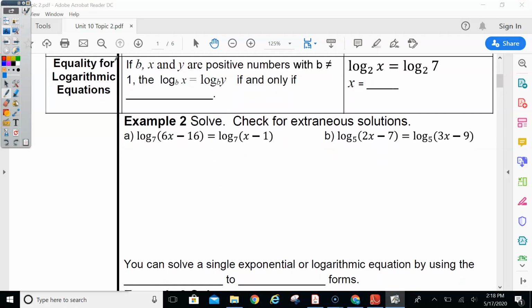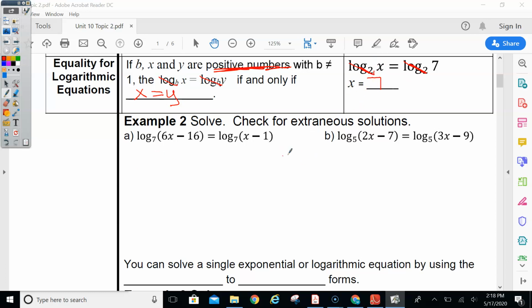The rule is, if you have two logarithms on both sides of the equation, if they have the same base, then you can cancel those bases out and just set the arguments equal to each other, if those arguments are positive. We'll talk about the positive part in just a second. So right here, the logs both have base 2, so those cancel out. Here the arguments are equal, so x equals 7.